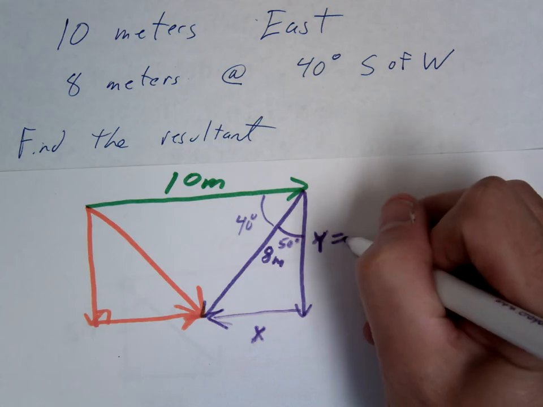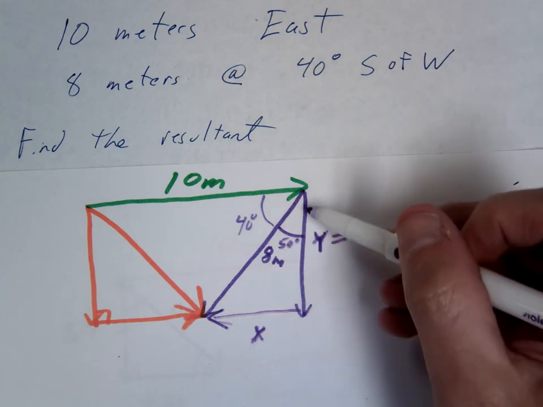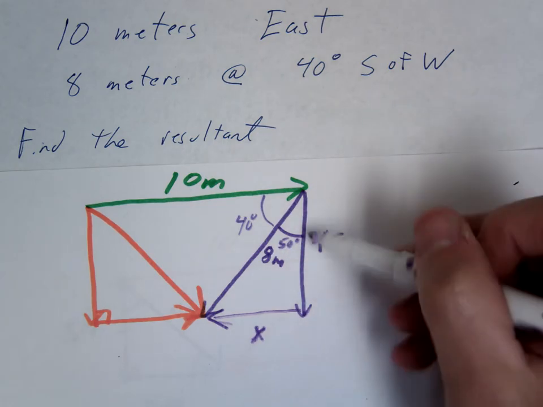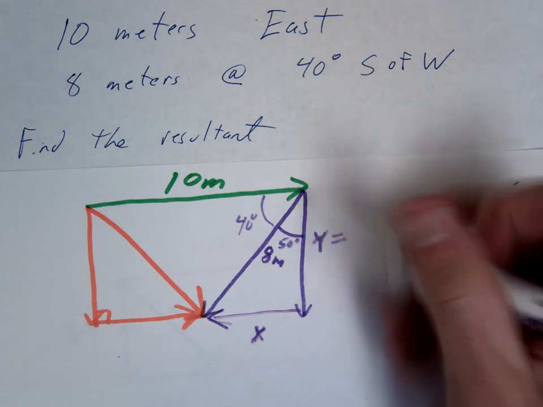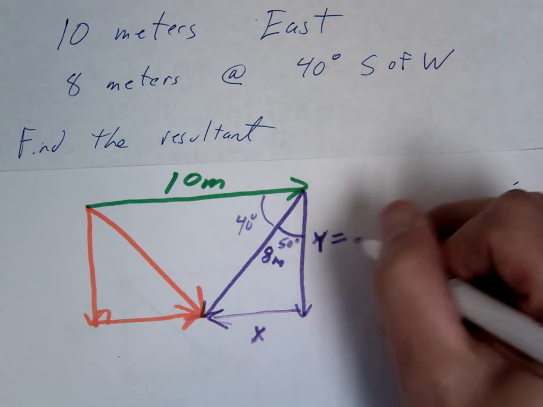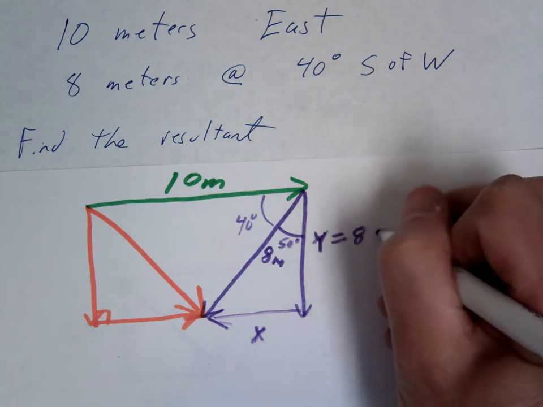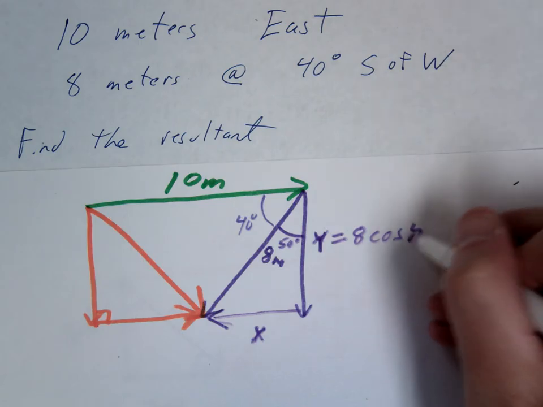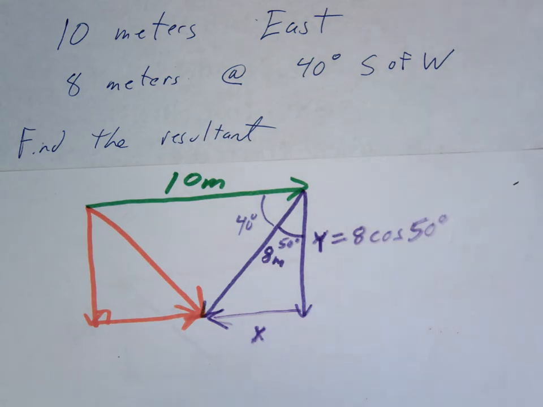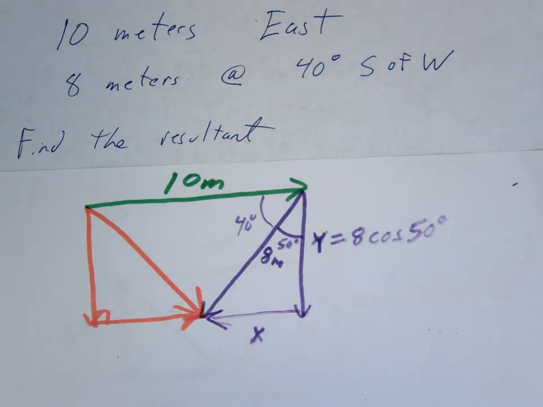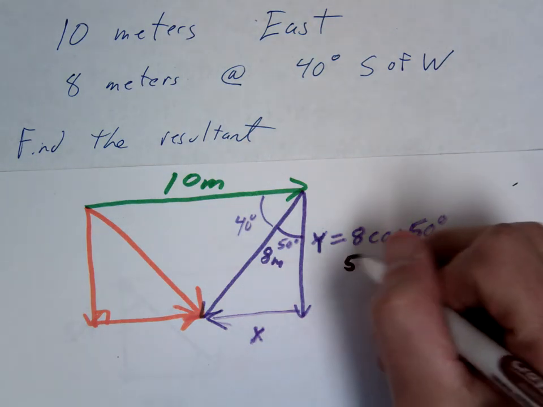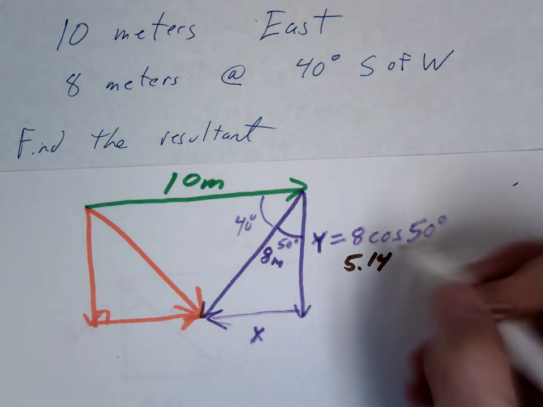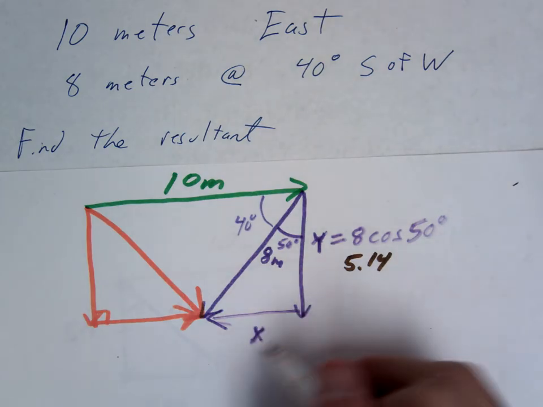Okay, so let's go ahead and find these two. So this component right here, let's use the 50 degrees. This is the adjacent side. Do I use cosine or sine for the adjacent? Cosine, so this is going to be 8 cosine of 50. Okay, and what's the answer for that? Okay, and then let's find this side over here.